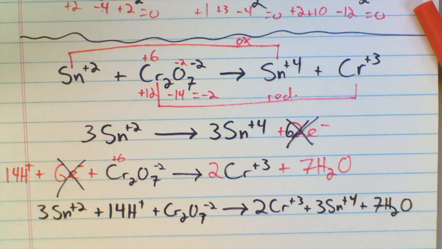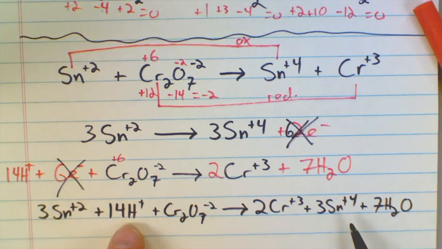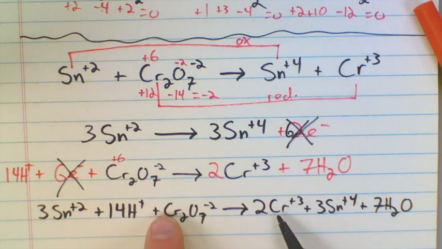It just has to all be there. And that's it. The last kind of extra step you could say on there. So after step 9, double check it's all balanced. So I got 3 Fe, 3 Fe, 14 hydrogen, 14 hydrogen, 2 chromium, 2 chromium, and 7 oxygen, 7 oxygen. It's done.